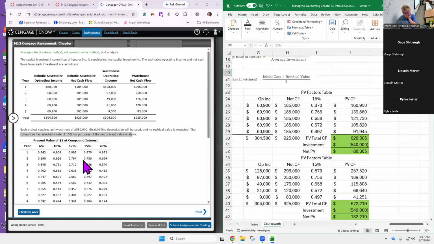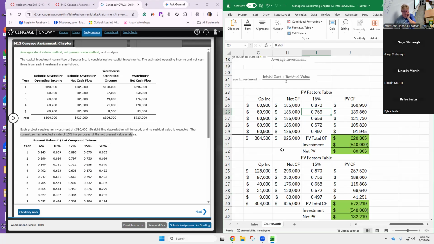And you're going to just key in exactly what the factor is for the first 5 years. So if yours is 15%, you key in 0.870, you key in 0.756, and so on. The good news is you can just copy and paste this once you put it in, because it's going to be the same for both of these projects. Okay, so that's how important these tables are.